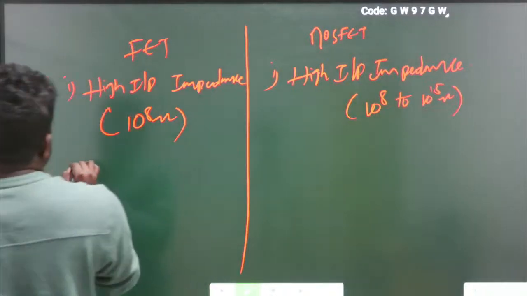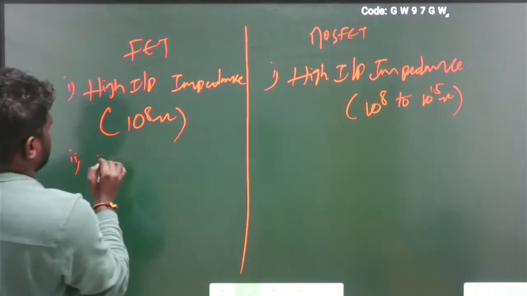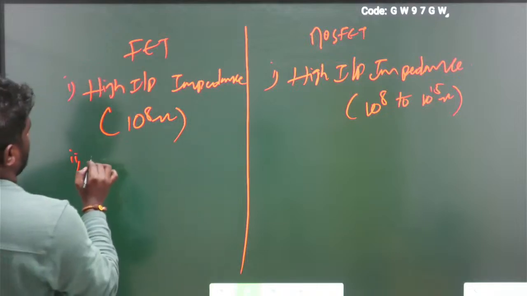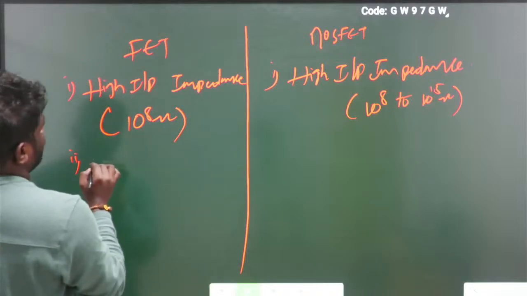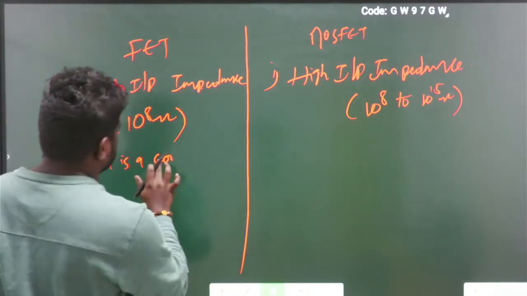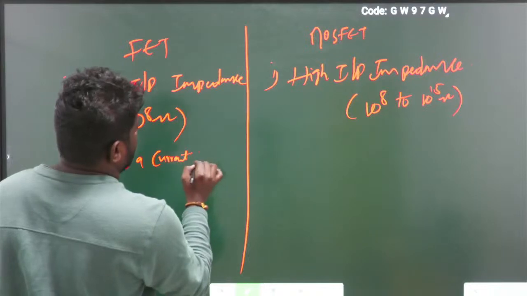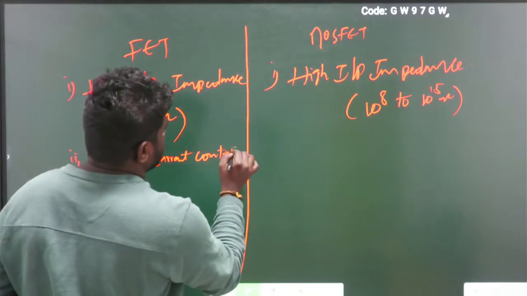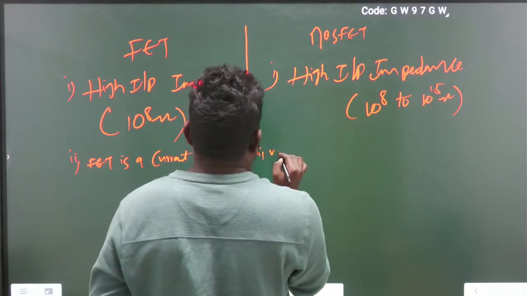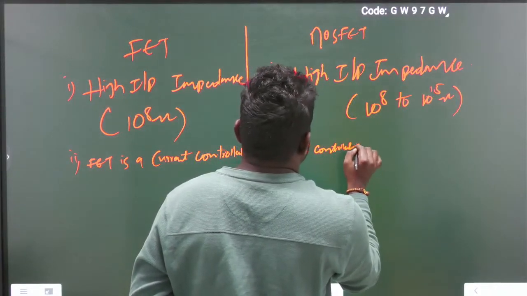Okay? The second one: FET is a current controlled device. MOSFET is also a current controlled device.